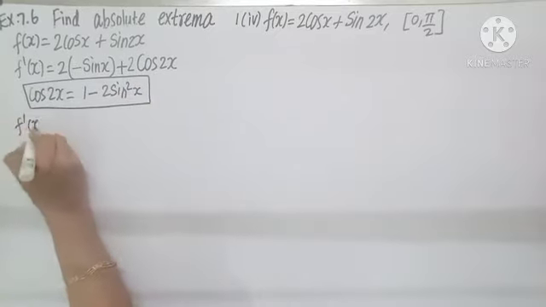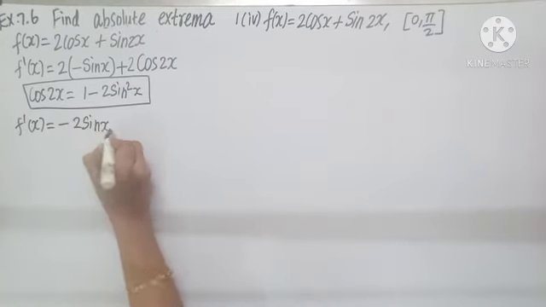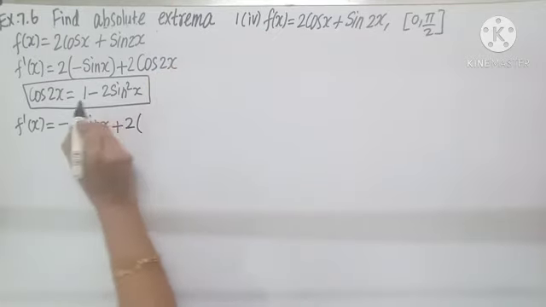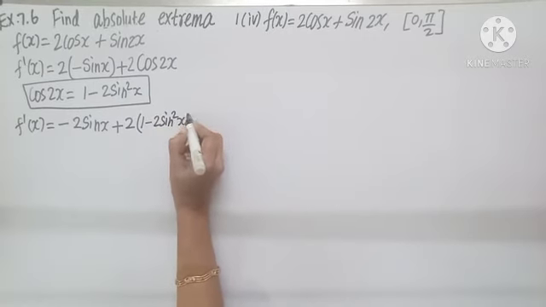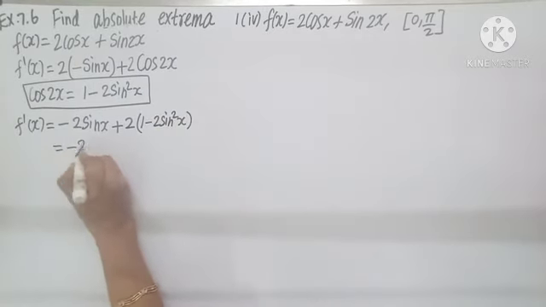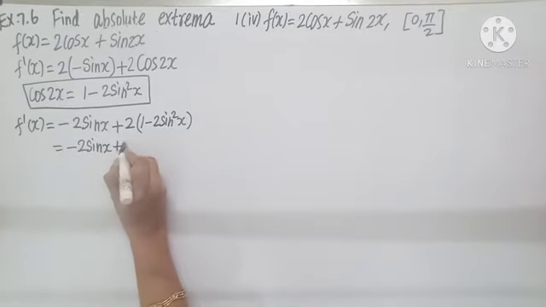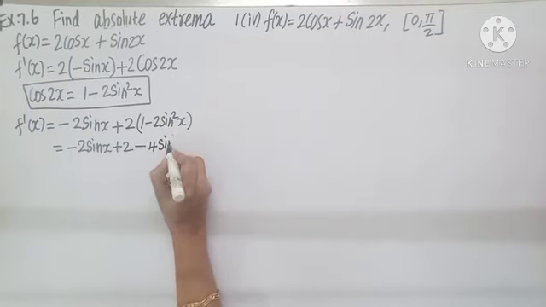F dash of x is equal to minus 2 sine x plus 2 into, in the place of cos 2x we substitute 1 minus 2 sine square x. As we multiply, it is minus 2 sine x plus 2 minus 4 sine square x.